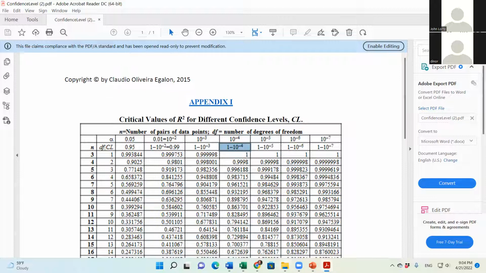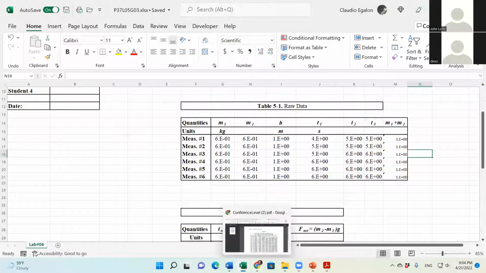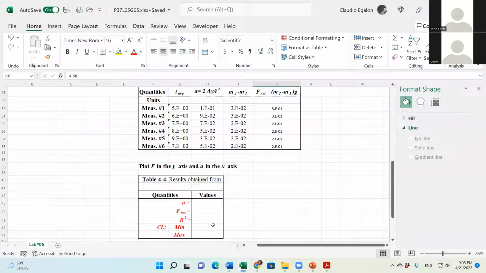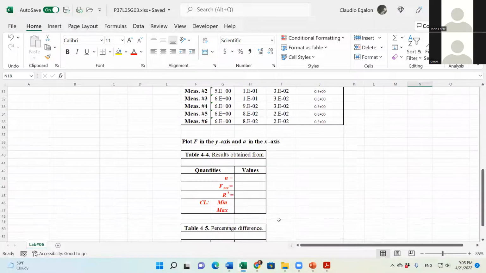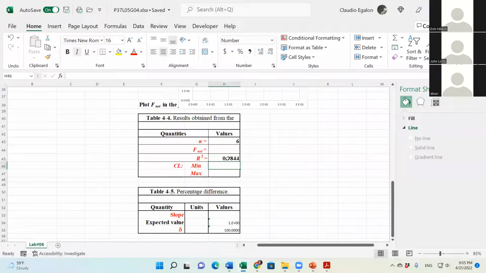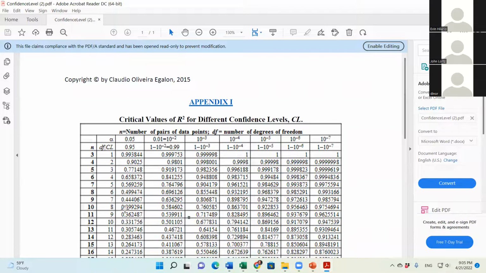Now, you didn't get that. What did you get for R squared? Your group number 6, you got 0.9844. So you're going to look for 0.9844, which is between this value and this value.